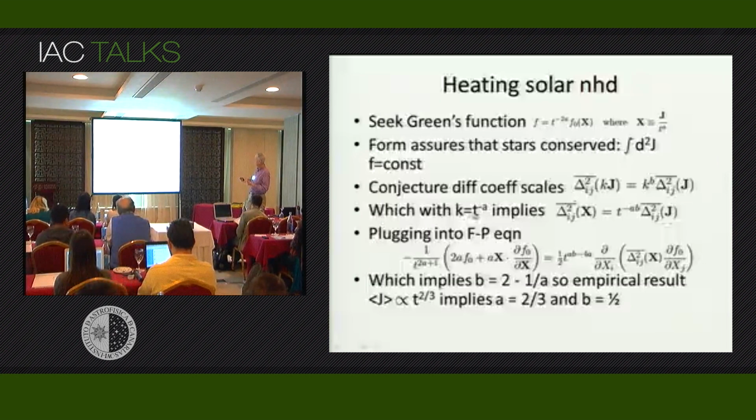Because we're interested in calculating stuff as a function of x, which is j over t to the alpha, let's put in k is t to the minus alpha, and then we'll discover that the diffusion coefficient evaluated on x is t to the minus alpha b times j squared times the diffusion coefficient evaluated on j.